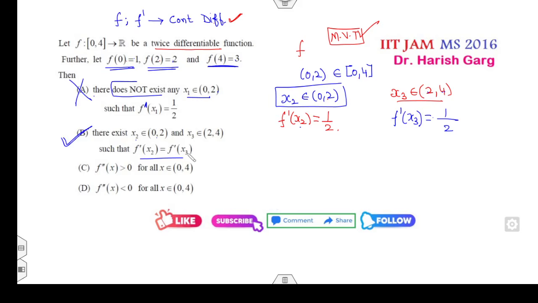Third option is f double dash is greater than 0. If this is true, what does it mean? That means f dash is an increasing function. Fine.